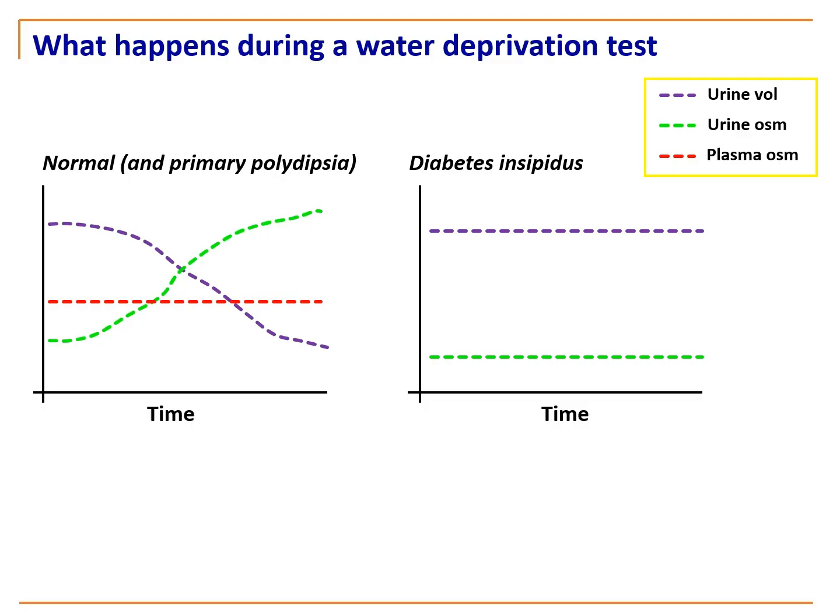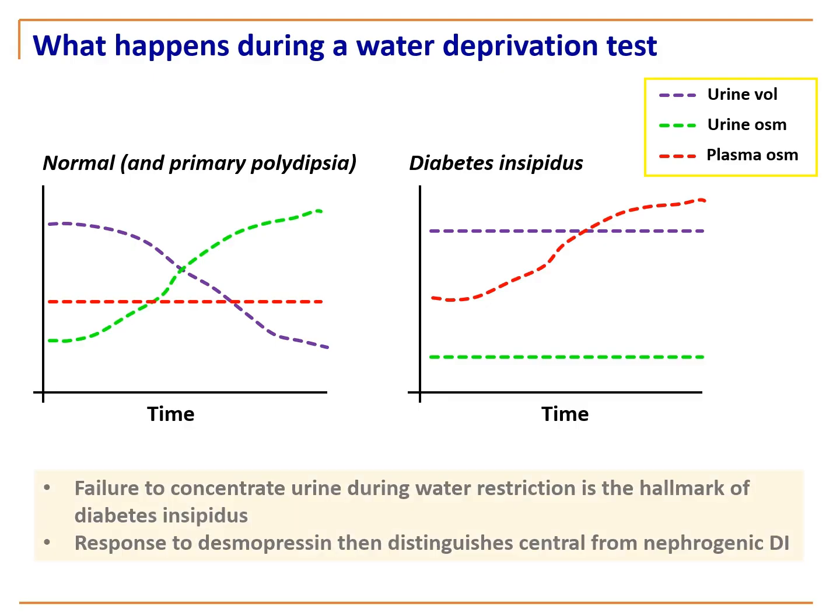The urine osmolarity also remains dilute because you're just passing lots of water out in your urine, but the plasma osmolarity will start to go up because they are no longer able to drink sufficiently to compensate. So failure to concentrate urine during water restriction is the hallmark of diabetes insipidus. And that's what we showed on the right-hand side graph above. The response to desmopressin, which we haven't shown here, then distinguishes central from nephrogenic diabetes insipidus.